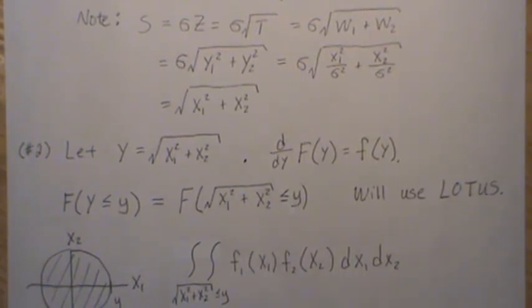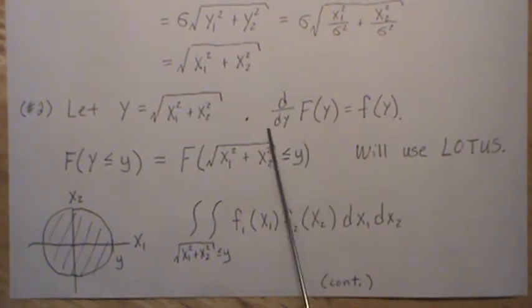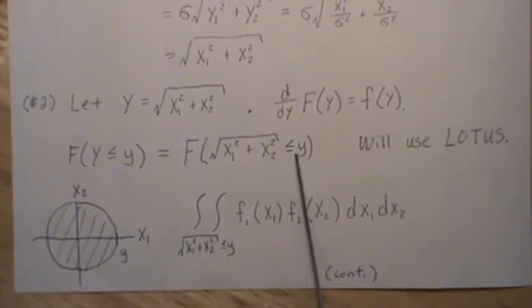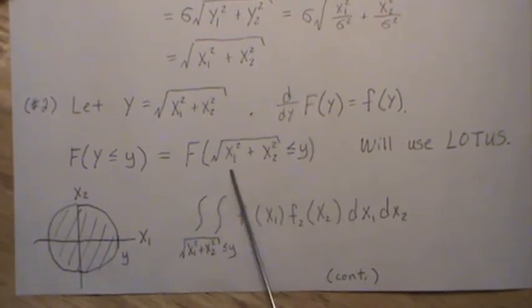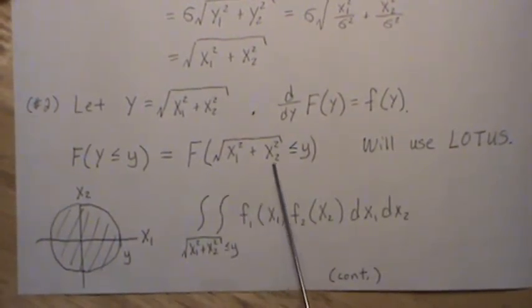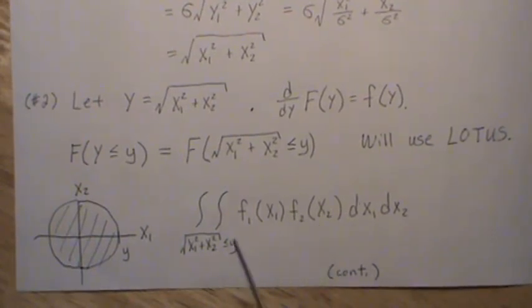So let's use that. To find this probability, well, this is a circle, being less than y, and we have to integrate the bivariate normal distribution, but they're independent, so it's just the product of their respective marginals, and this is it.